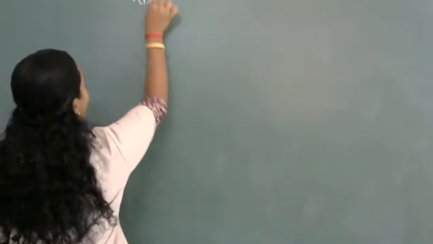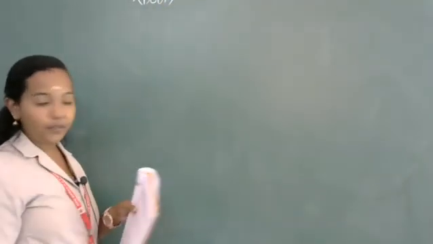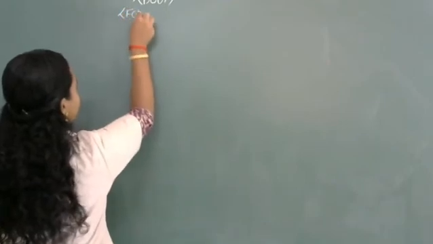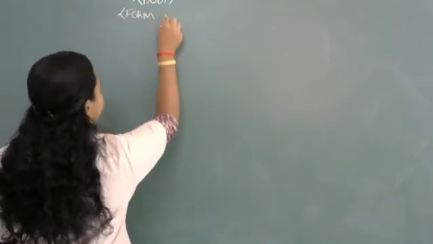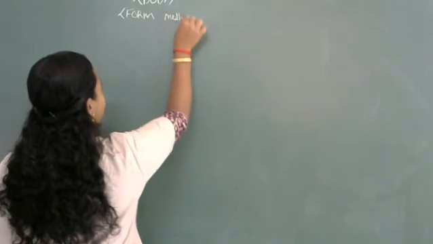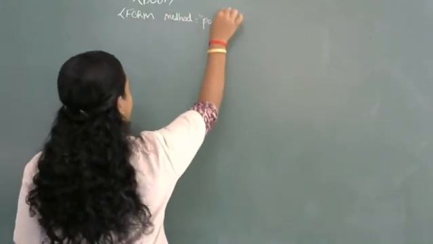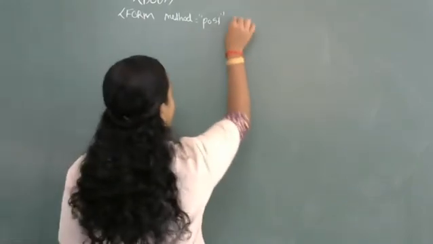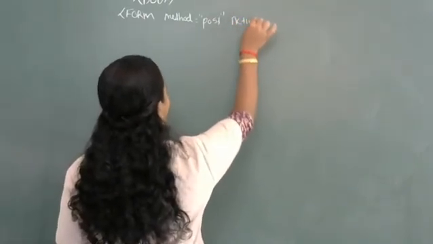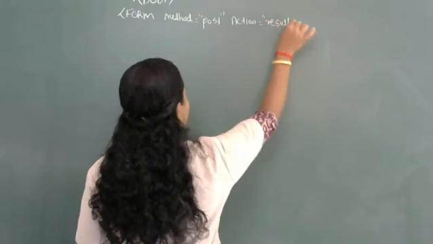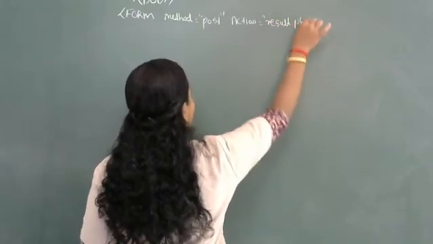Inside the body tag, I am going to start with the body tag, then the form tag: method equal to post, then action is equal to result.php.